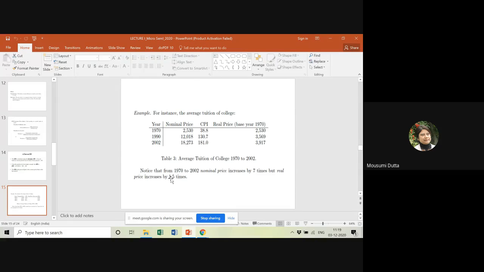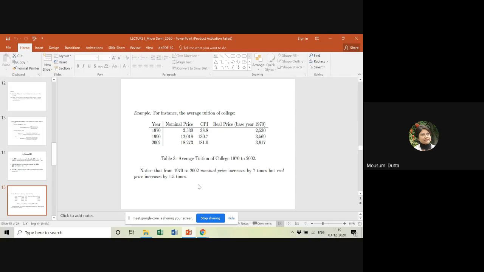From 1970 to 2002, nominal price increased by 7 times, but real price increased by 1.5 times. If real price increased by 1.5 times, we understand that over this time there is inflation, and because of inflation the price has increased.